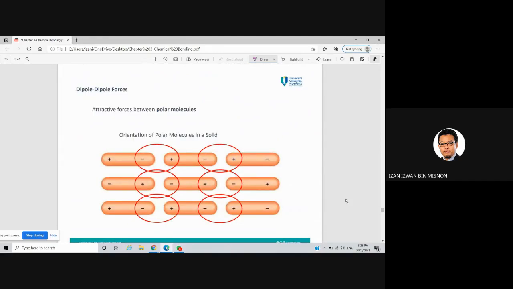The second one is the dipole-dipole force. Dipole-dipole occurs between polar molecules.